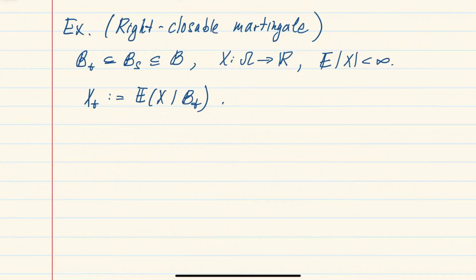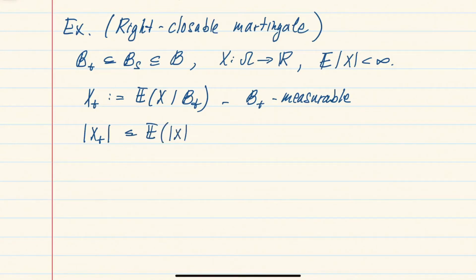Of course, by the definition of conditional expectation, this is adapted to Bt, so this is Bt measurable. Now, integrability just follows from the conditional Jensen's inequality: if you put the absolute value here, you can take the absolute value as a convex function inside the conditional expectation, so this equality becomes an inequality.